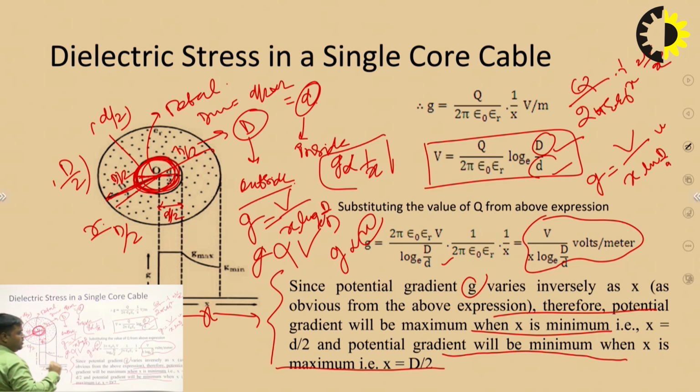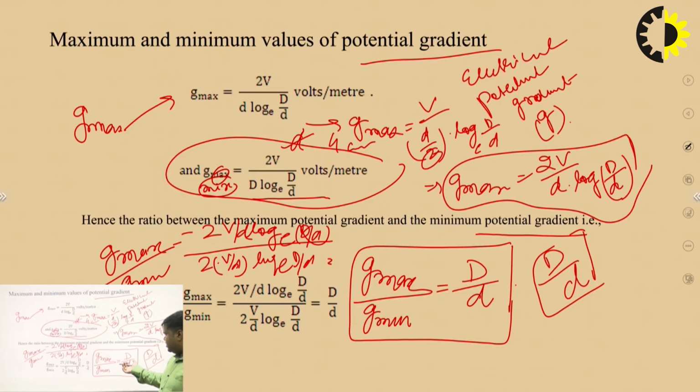This is a very important thing to keep in mind for reference, to see that the G max to G minimum ratio is capital D by small d. Capital D is outside of the cable, and small d is inside.